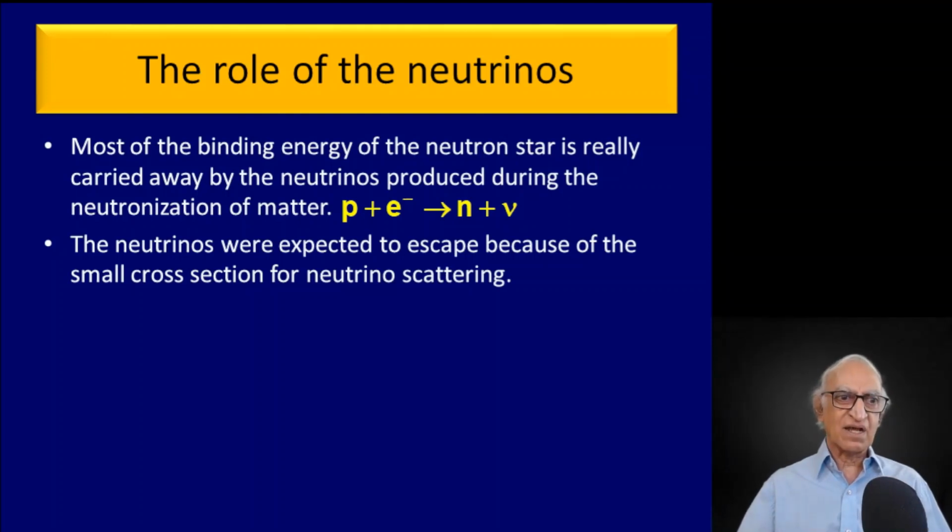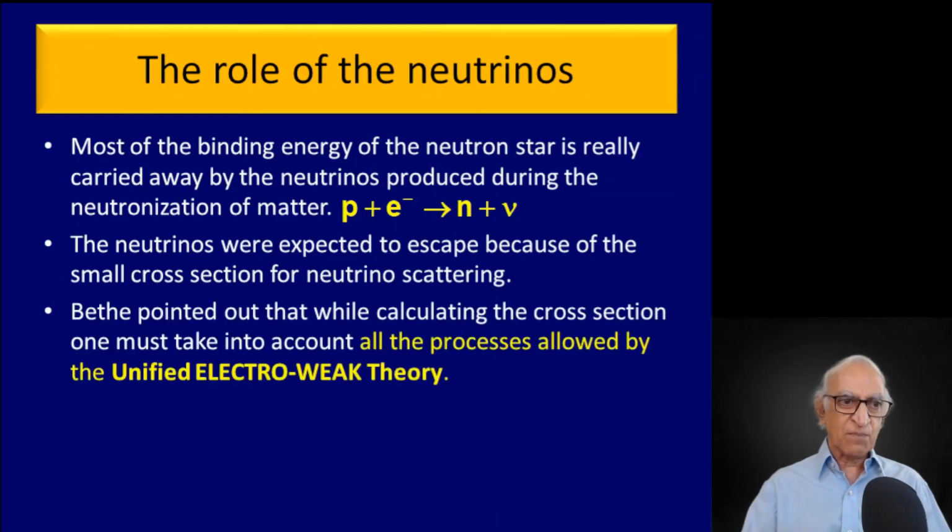Now what Hans Bethe pointed out is that you haven't done the physics properly. You have assumed somewhat prematurely that the neutrinos will simply escape from the star. He pointed out that while calculating the neutrino cross-section with the stellar matter, one must take into account all processes that are allowed by the unified electroweak theory.